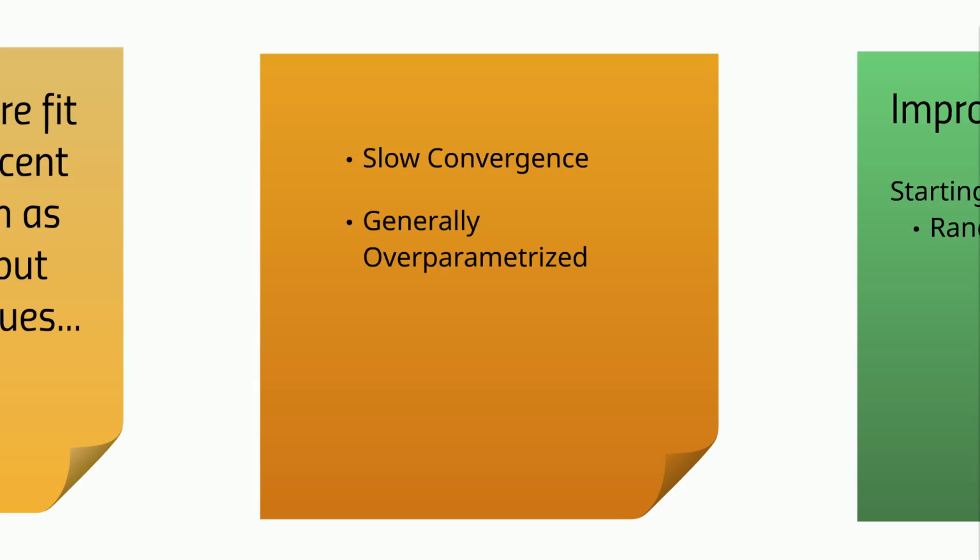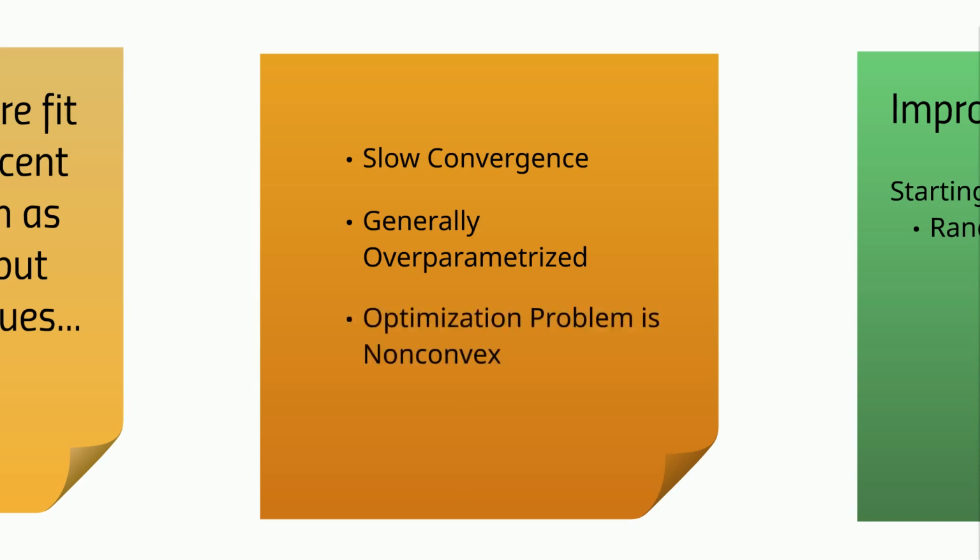As a result, we're going to see that it is very easy to overfit the training data. Remember, overfitting means that our network is too closely fit to the training data and can't generalize to new instances when generalization is everything. So over-parameterization is an issue for neural networks and something that we need to avoid.